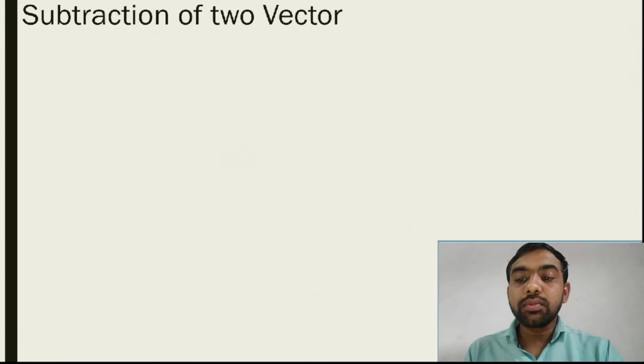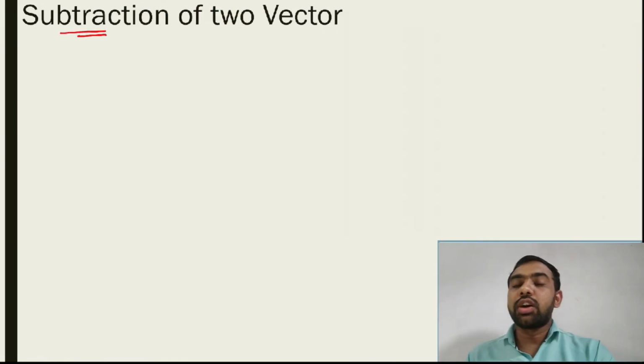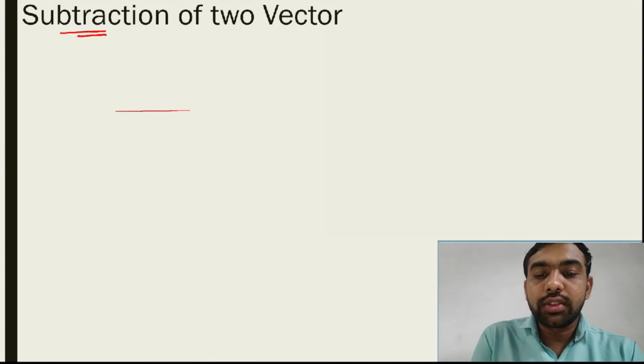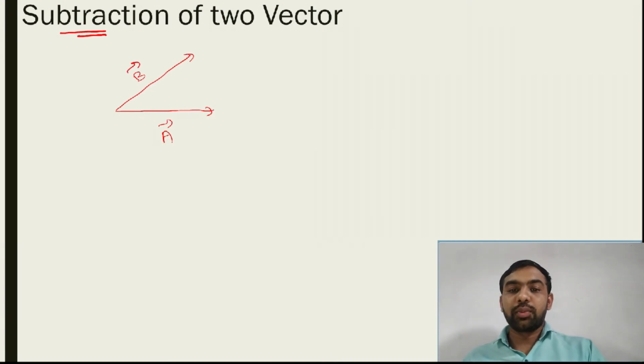Now let's see subtraction of two vectors. What is the meaning of subtraction? Suppose you have two vectors, A like this and B like this. What is the meaning of A minus B?